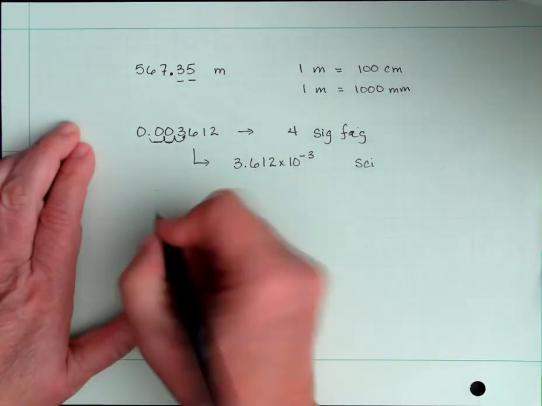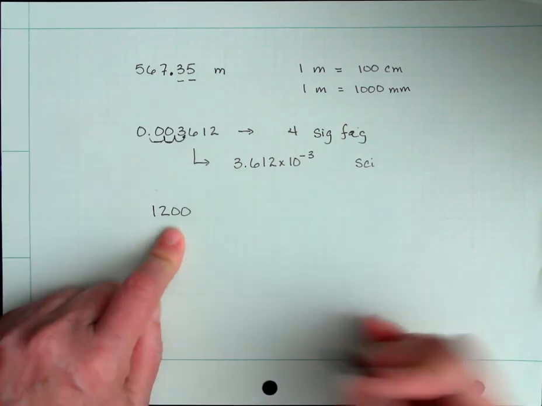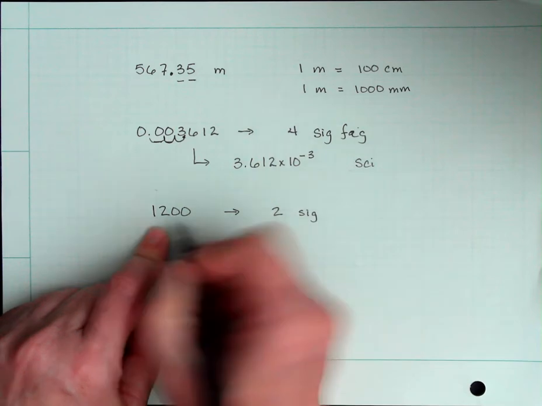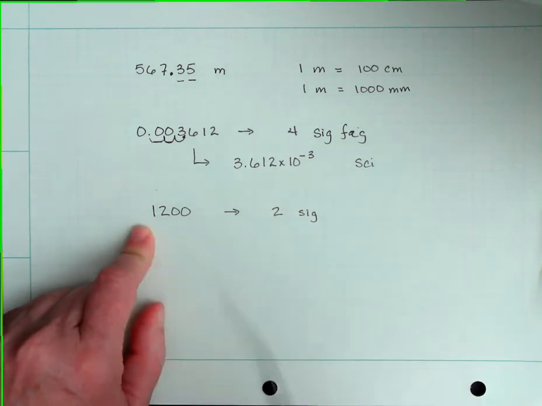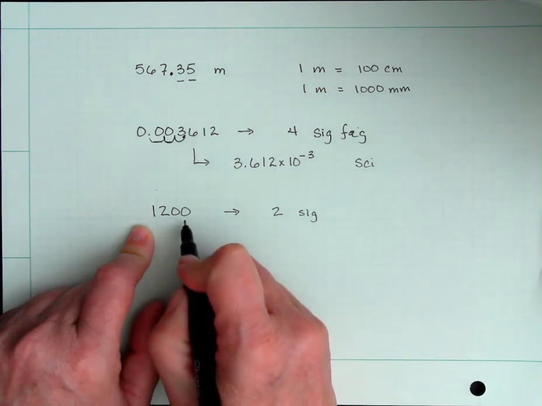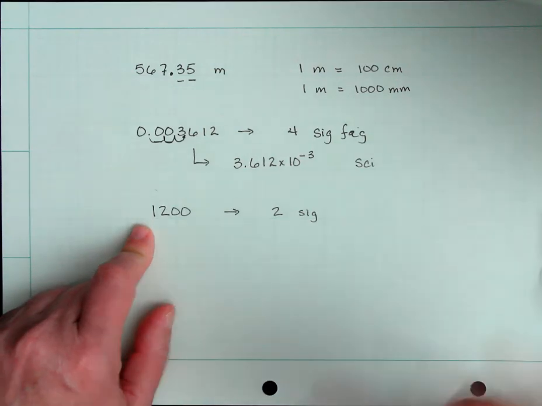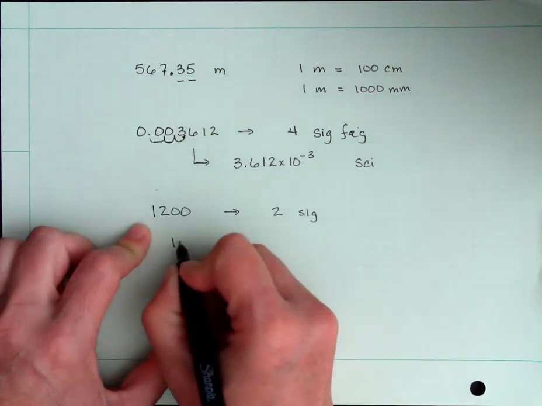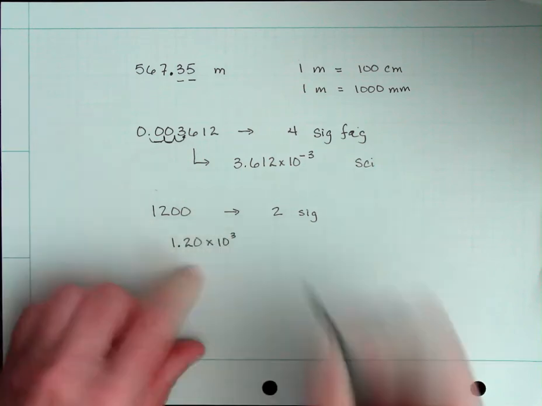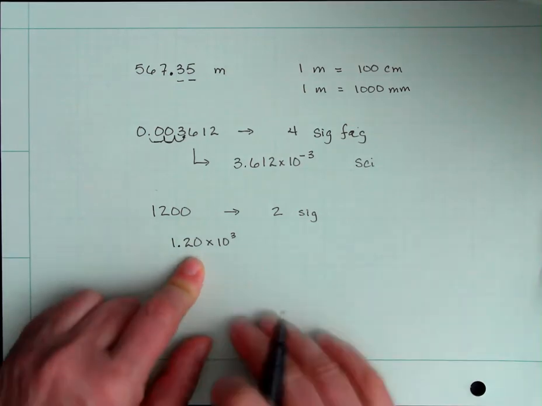So if I write a number like 1200, as it stands, it is only going to have 2 significant figures, because the 1 and the 2 are the only non-zero digits, and these zeros are just placeholders. Now, if I wanted to tell you that those zeros were actually significant, for example, I could write this as 1.20 times 10 to the third, and that tells you that that zero really is a significant figure.